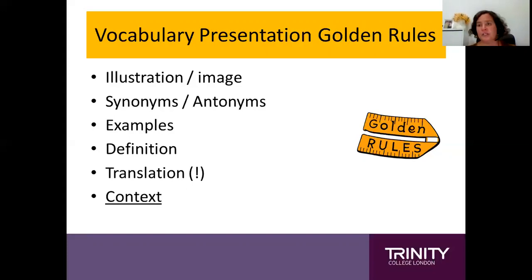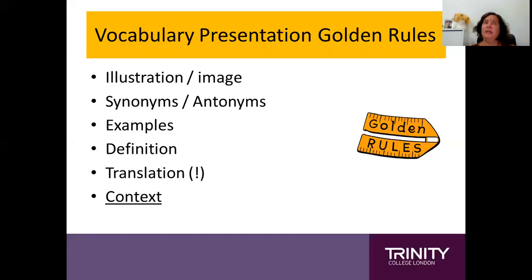Something else that you can do to present vocabulary is provide examples. And when you do, make sure that the examples bear in mind how old the students are. It's really very important that students understand the concept of a word by means of reading the example, all right? Definitions are also a good idea.